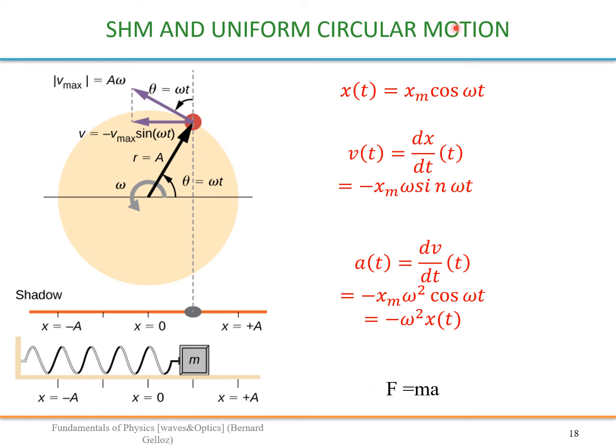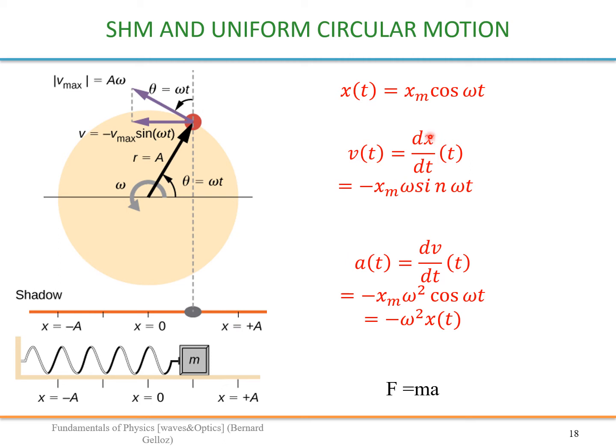This slide continues on this relationship between SHM and uniform circular motion. We won't really need that for waves, but it's just interesting to look at this. So in this case, you have x equal x_m cosine omega t for this red dot moving in circular motion.